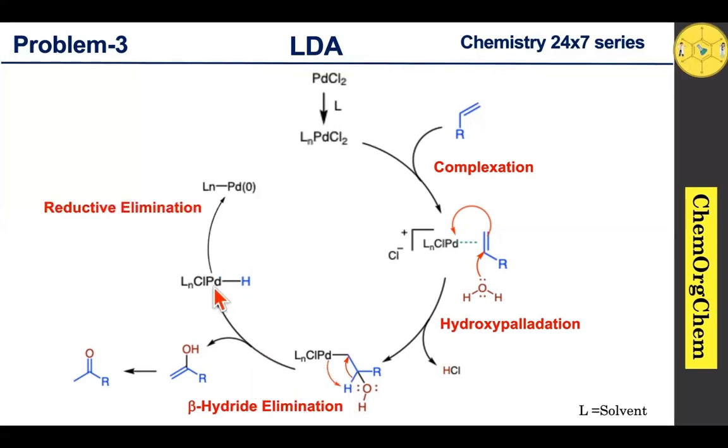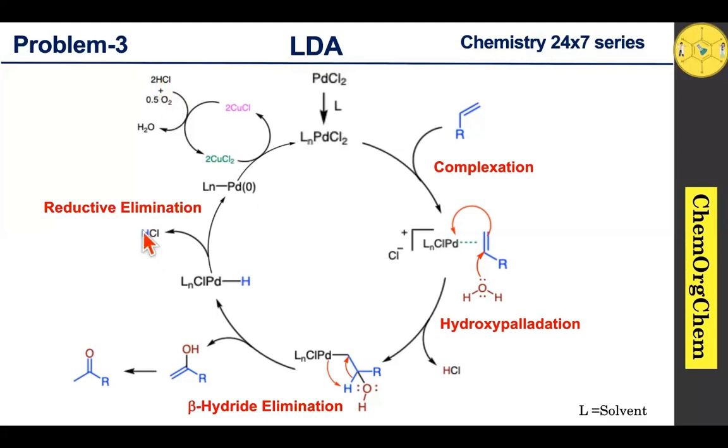After the beta hydride elimination, it readily undergoes reductive elimination to yield palladium 0. This palladium 0 quickly converts into the corresponding palladium 2 complex by the copper chloride oxidizing agent. Here you see in this condition, the copper chloride readily converts into copper 2 chloride by the treatment of HCl and oxygen gas.